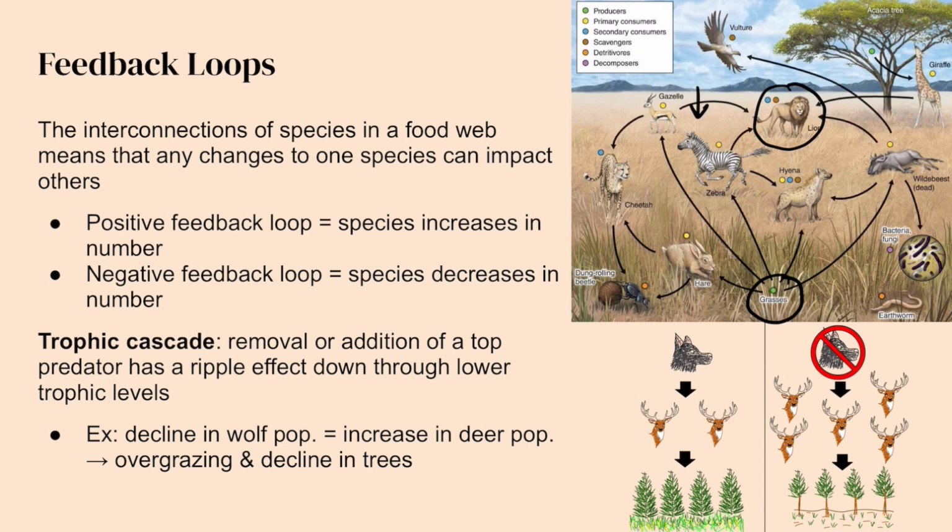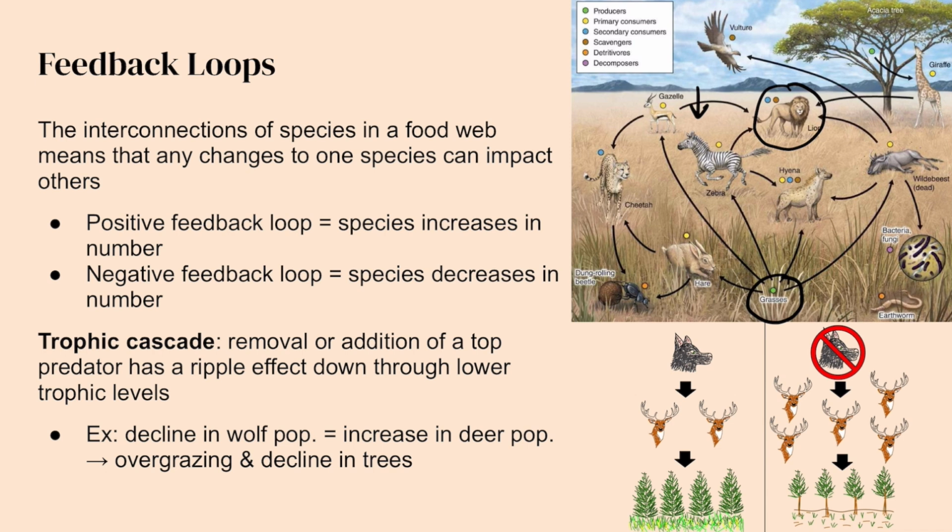So in this situation, the increase in lion population has a negative feedback loop when related to gazelles, because our gazelles would be negatively impacted, their population would decrease, and our grasses would have a positive feedback loop. So lions increase, and that also causes grasses to increase.